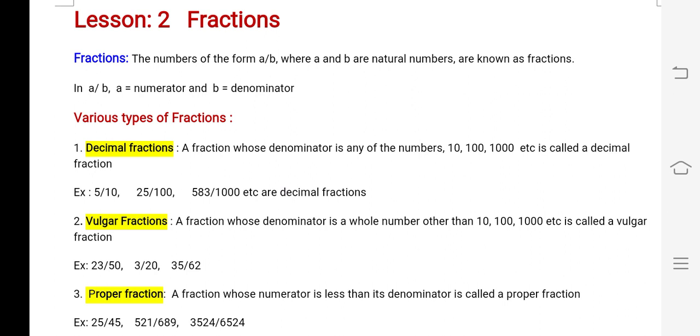Various types of fractions. The first type is decimal fractions. A fraction whose denominator is any of the numbers 10, 100, 1000, etc., that is, the powers of 10, is called a decimal fraction.